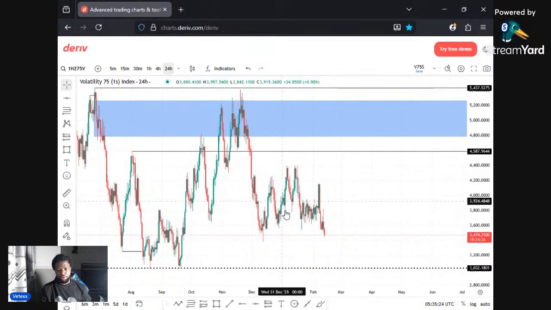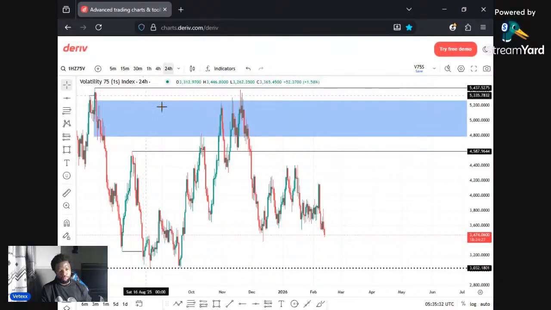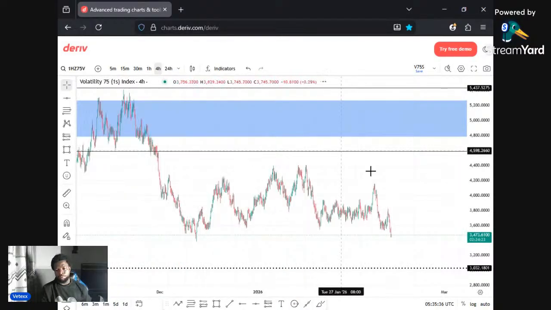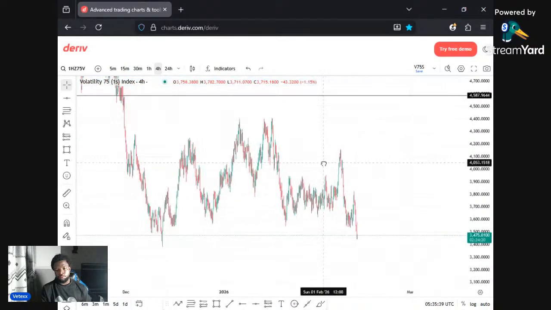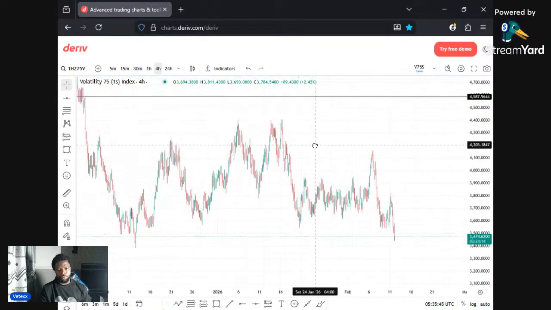So what do we do now? Go to the 1-hour time frame, or start from the 4-hour time frame. Let's see. If you are to use the 4-hour time frame, we have a setup here, which is this. We have been anticipating this for ages.